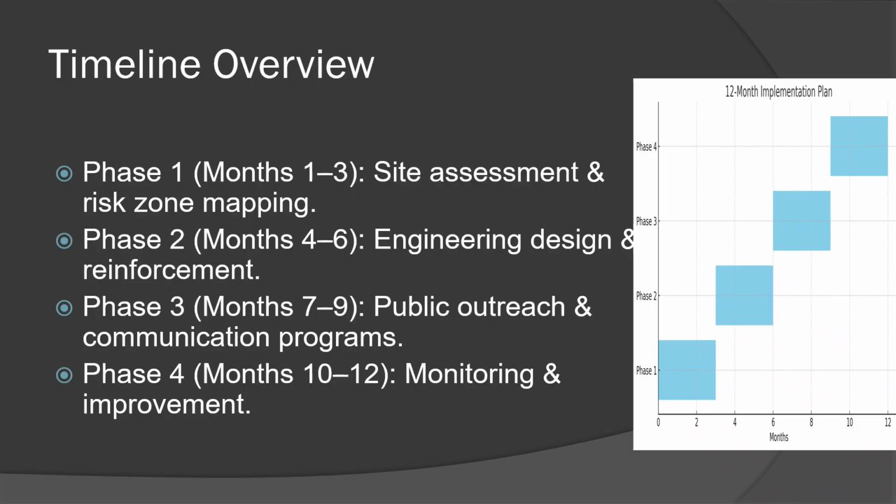Phase two, months 4 to 6, is when the heavy lifting happens, the engineering design and the construction. For phase three, once the slope is secure, we spend months 7 to 9 focusing on the community, like running outreach programs. And for phase four, we finish the year by monitoring the site to make sure our fixes are actually working.